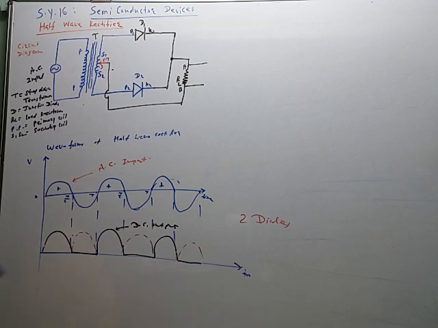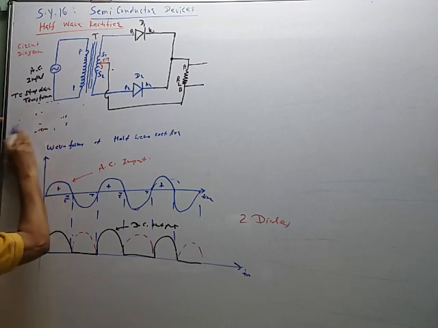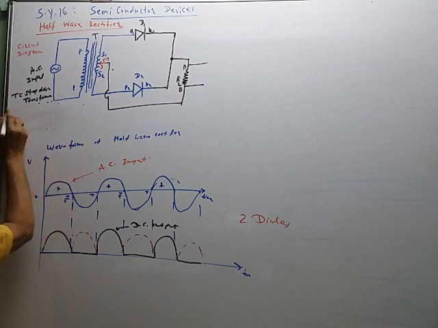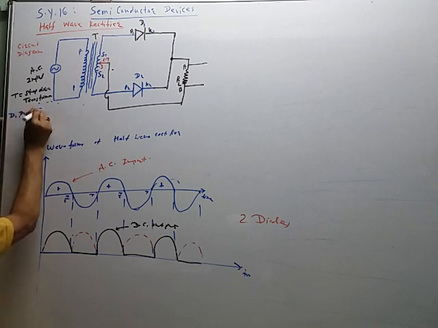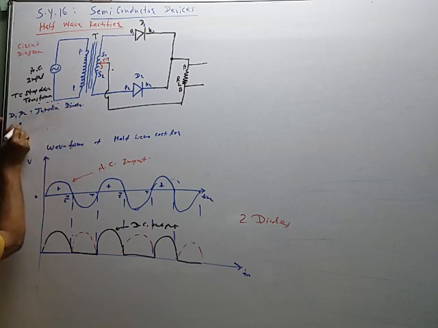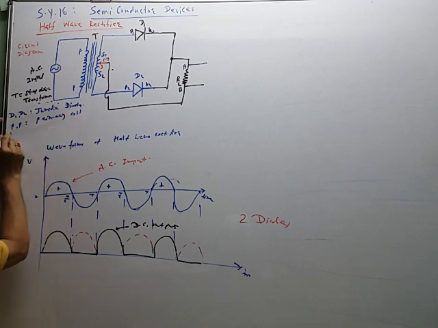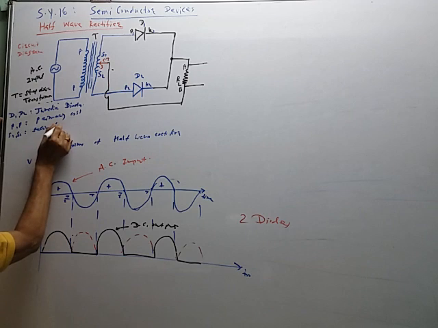So there is a slight change in the labeling. D1, D2 are junction diodes. T is a step down transformer. PP is a primary coil. S1, S2 is a secondary coil.